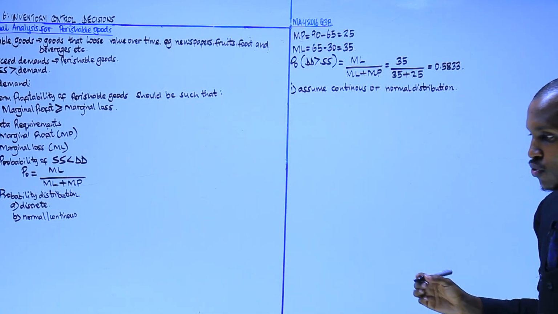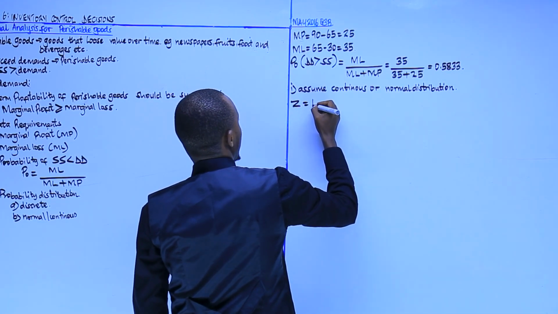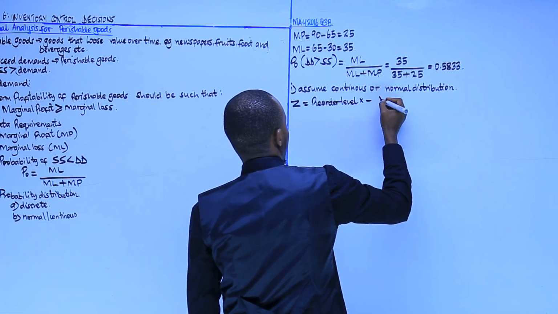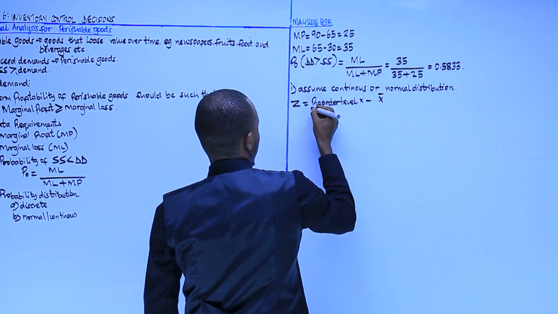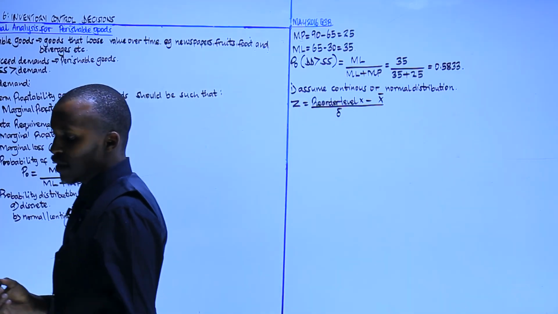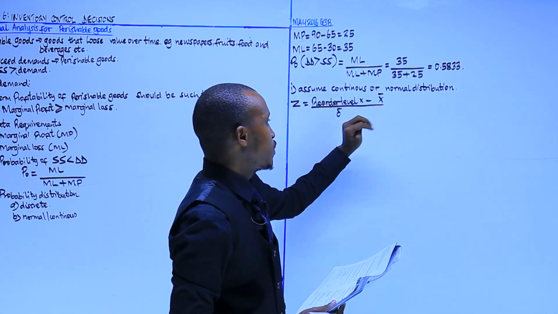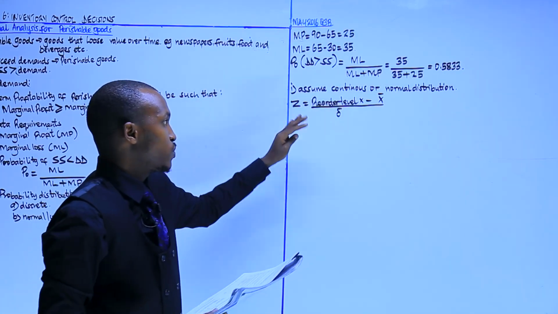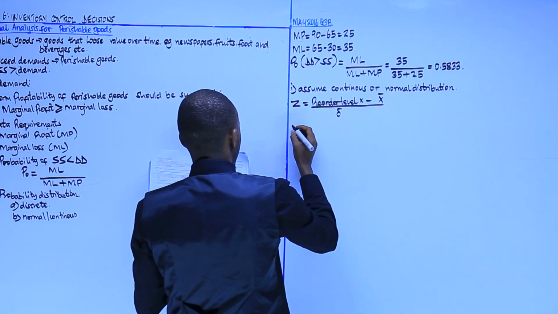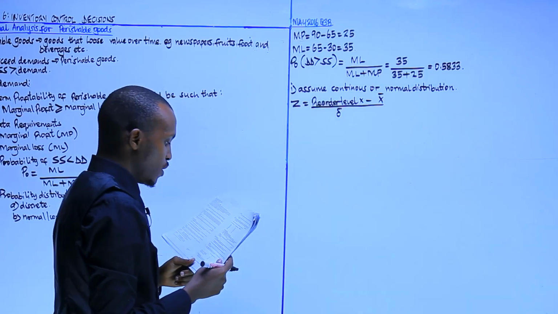We know with normal distribution, Z is equal to your reorder level X minus the mean, divided by standard deviation. Okay, so we want our reorder level, we want the mean, and we want our standard deviation, and we also need Z. But for us to do that, we will have to draw our probability to capture everything in the probability distribution.